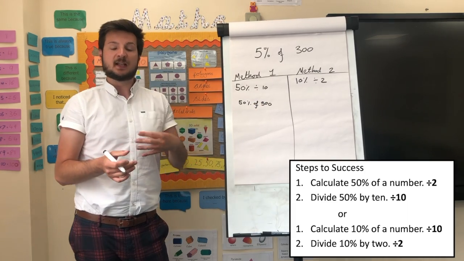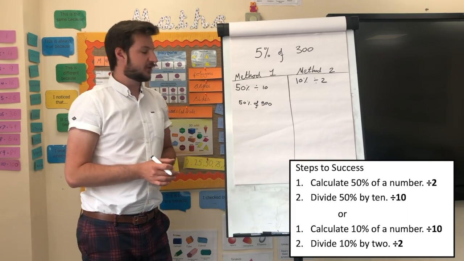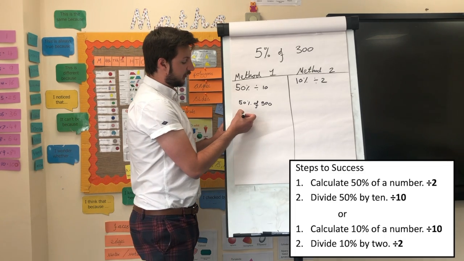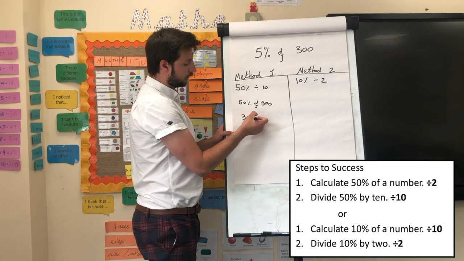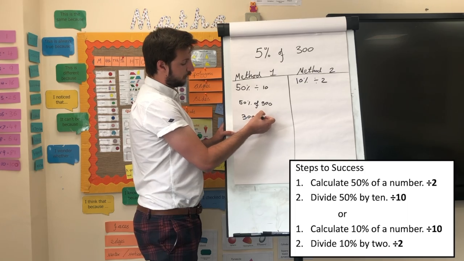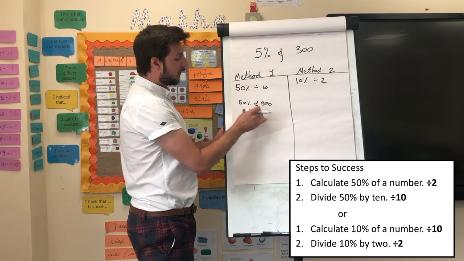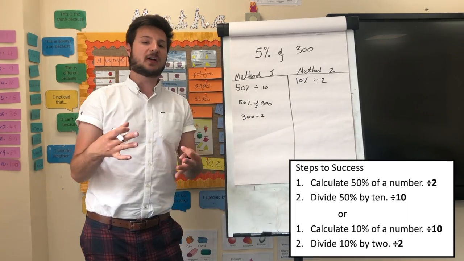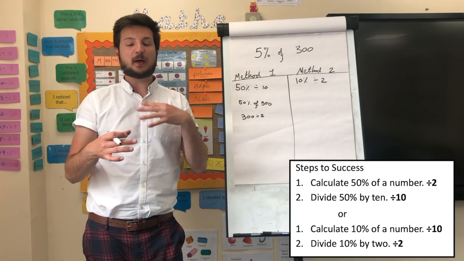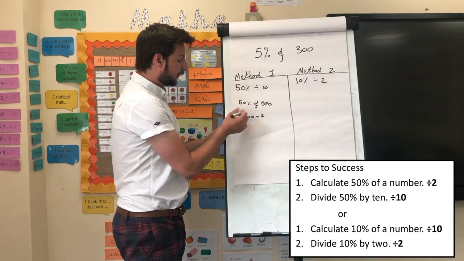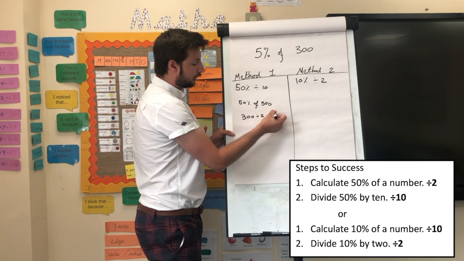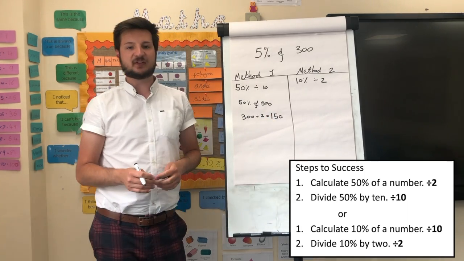Well, 50%, like we saw in a previous video, we quite simply divide by 2. So we are doing 300 divided by 2. I am not going to use bus stop here because I can do it mentally. However, if you struggle, you could use bus stop. 300 divided by 2 is 150.